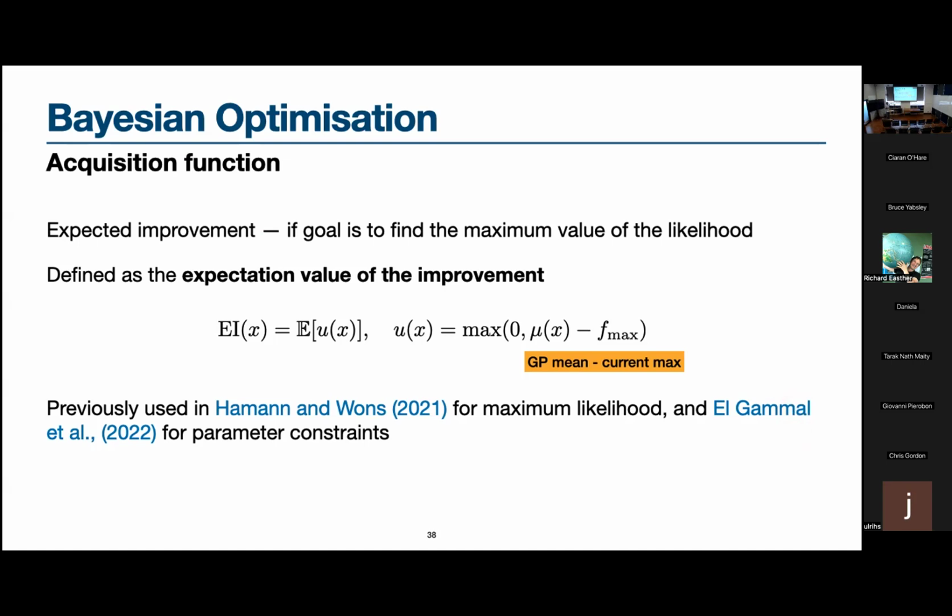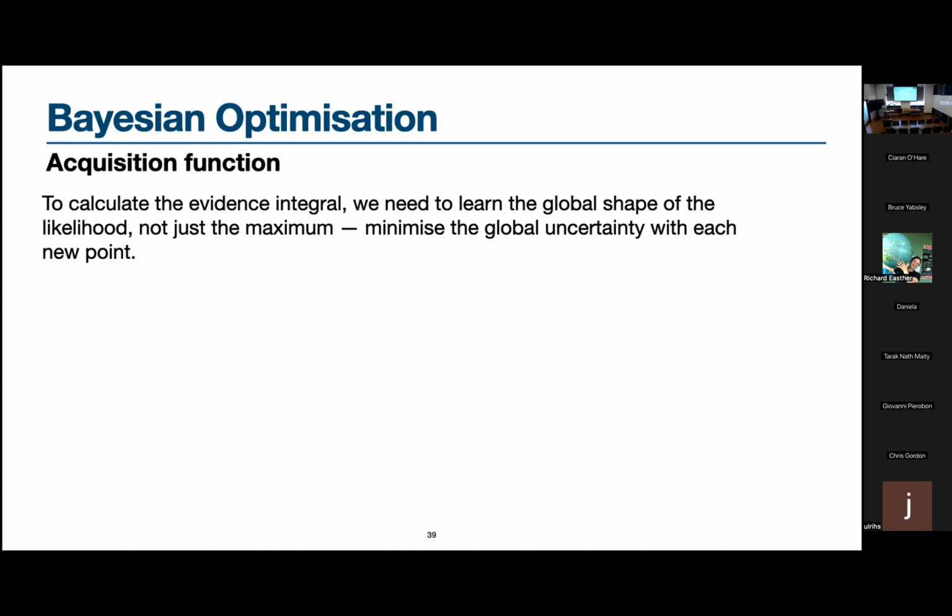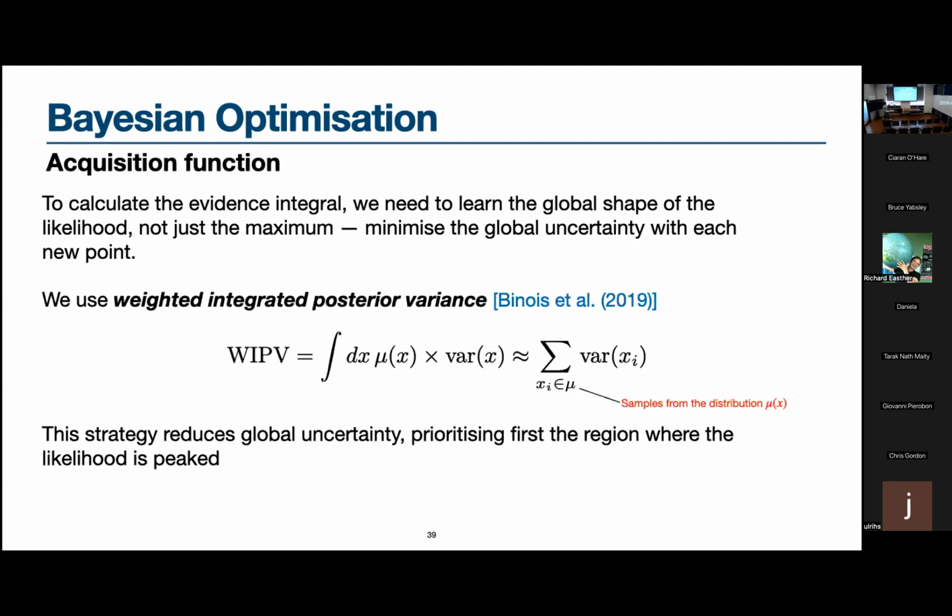Our goal is slightly different, because what we want is not just to learn the maximum value of the function, but rather the overall shape of the function, because we want to do the evidence integral. So we want to know the global shape. For this, we choose an acquisition function suited for this purpose, which we call the weighted integrated posterior variance, which we define as the mean of our Gaussian process times the variance integrated over the parameter space.